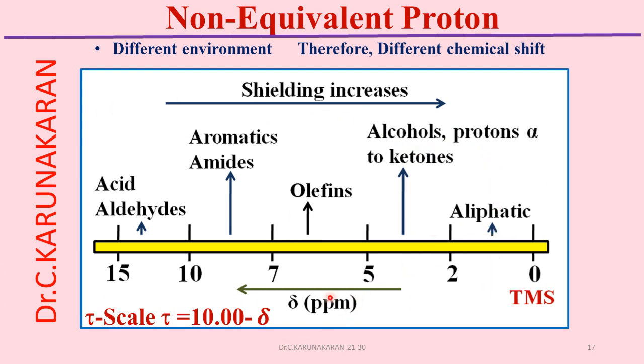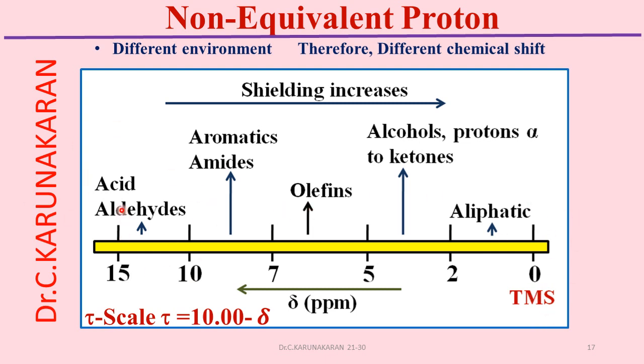For example, aliphatic compounds give chemical shift values in this region. They are highly shielded, whereas acidic compounds and aldehydes have de-shielded protons, therefore they will occur at higher delta values. Those protons which are shielded occur near TMS. As we have seen earlier, the TMS protons are highly shielded, therefore the delta value is 0.